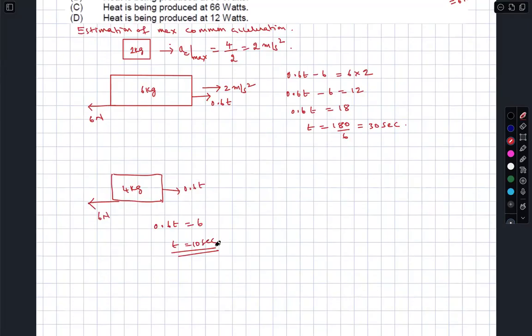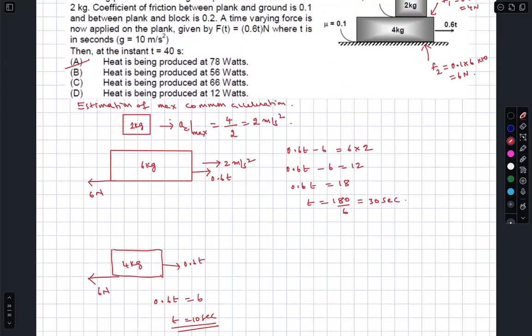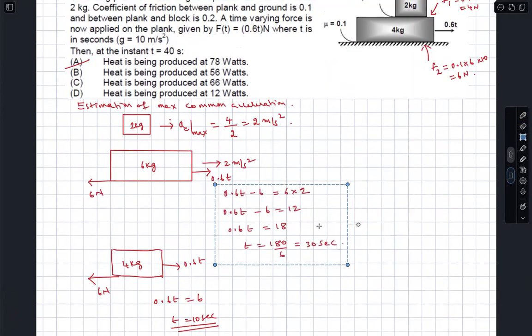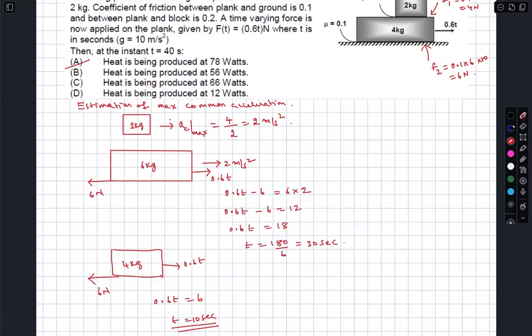So I got a clear-cut picture about this system now. I am writing everything in detail right now. So I have understood some points related to this. Now I will highlight that. Only then I will go for the next part of the question. From t = 0 to t = 10 seconds, all the blocks are at rest.